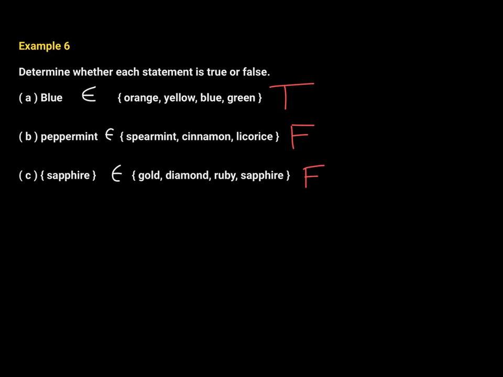In other words, if the set was written like this, then it would be true. Because inside of this set, I see the set sapphire is included. So it's just a play on language, okay? So be very careful. This says, is the set sapphire included or listed in this set? And the answer is no, okay?